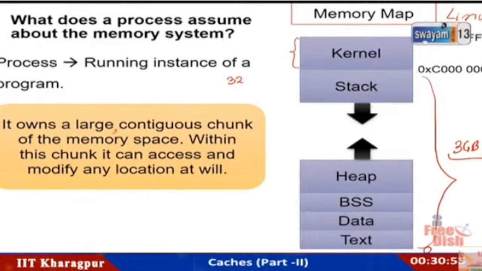It can access any location and do anything it wants with this address space. In this address space, since we have a downward growing stack, the stack starts at the highest address for the process, of course, and starts to grow downwards. As you can see, the stack itself can be huge. The sum of the stacks of all the functions can be huge.